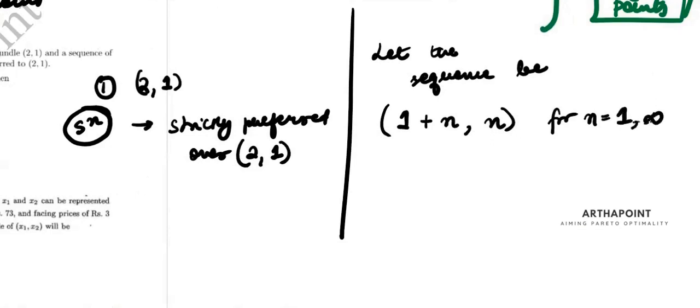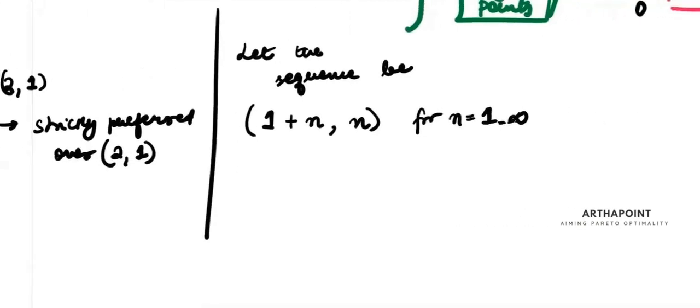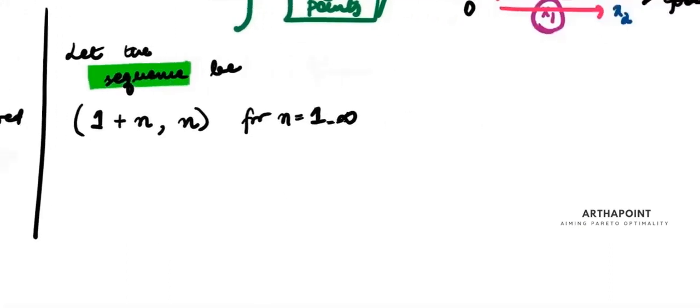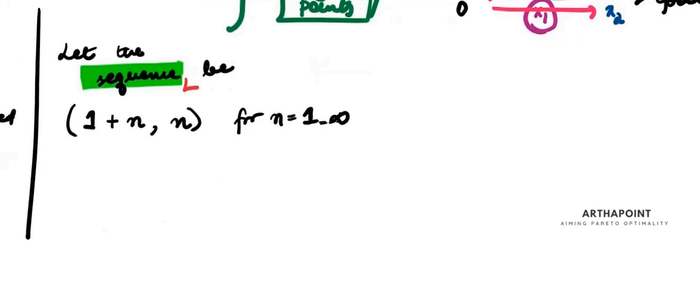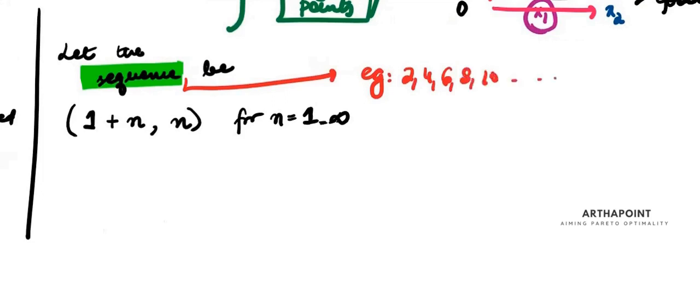This can be a sequence. A sequence usually represents a pattern. For example, 2, 4, 6, 8, 10. This is a sequence. It represents a pattern where I'm adding 2 each time.